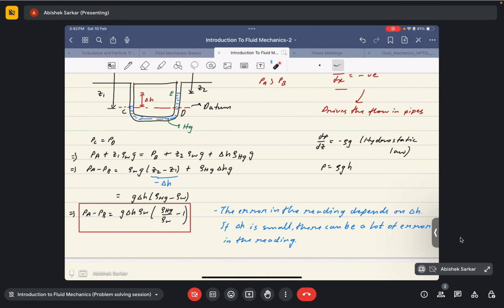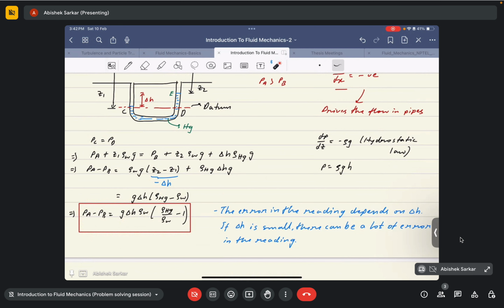Okay, so this is how you measure the pressure difference at two different points in a pipe using a manometer. Is it clear how to use the principle of manometry to find the pressure difference between any two points in a pipeline or any, say, flow measuring device?